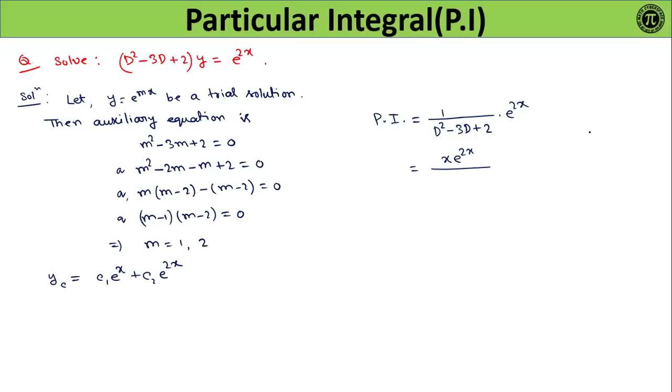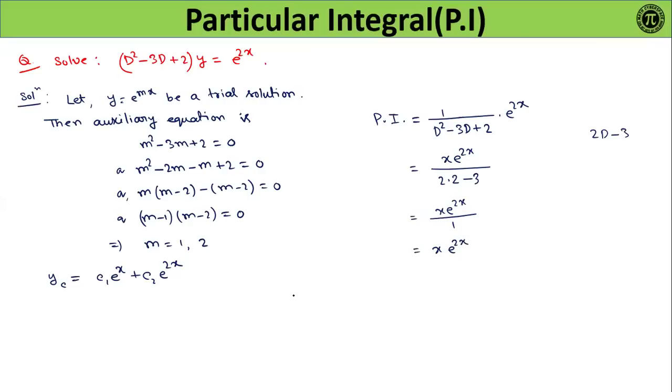That will be 2D minus 3. Yes or no? And you have to write D equals m. So that will be 2 into, what is the value of a? 2. So 2 into 2 minus 3, which equals x e to the power 2x divided by 4 minus 3, that means 1. So PI equals x e to the power 2x.